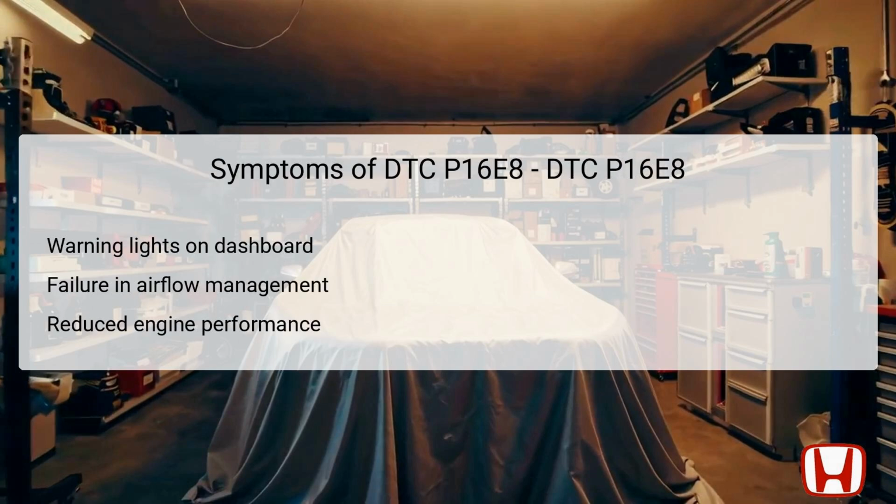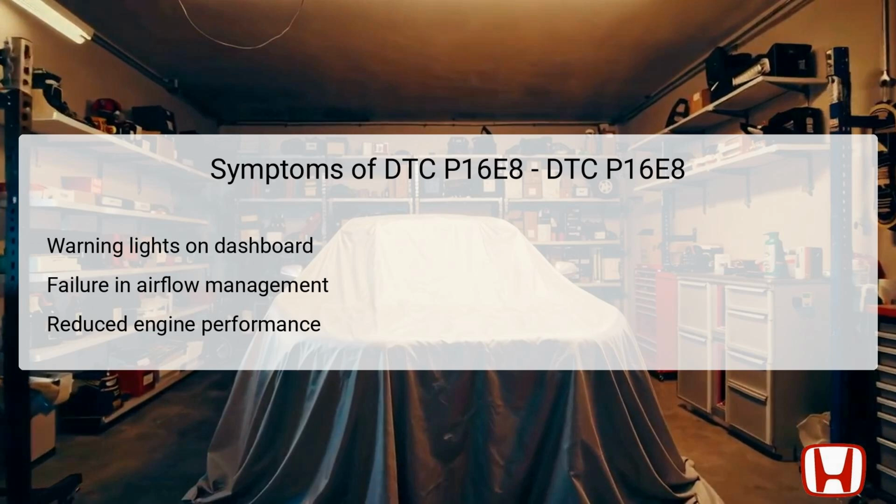When DTC P16E8 is triggered, several symptoms may manifest, affecting both the driving experience and vehicle performance. The most immediate indicator is typically a warning light on the dashboard, alerting the driver to a malfunction. The failure in the shutter grille can also lead to suboptimal airflow management, which is critical for maintaining engine temperatures and fuel efficiency.